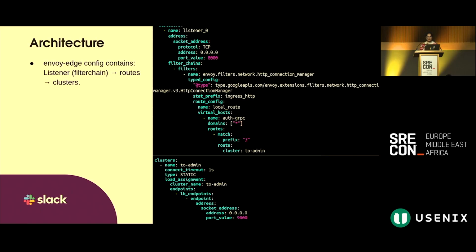A very simplified way of looking at Envoy config is to consider it's made of mainly 3 components. The first one is the listener, which is basically your front end that takes in the requests. Then comes your route, which decides what to do with that request. And then come the clusters, which are actually the backends where the requests are sent to be served.